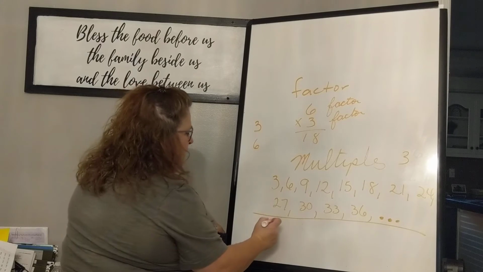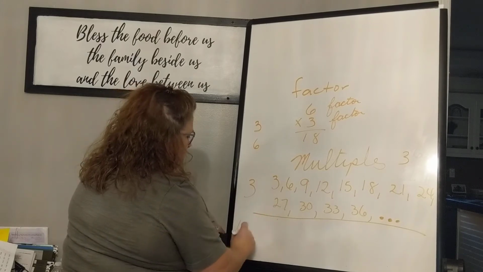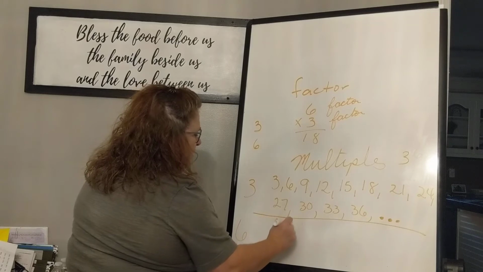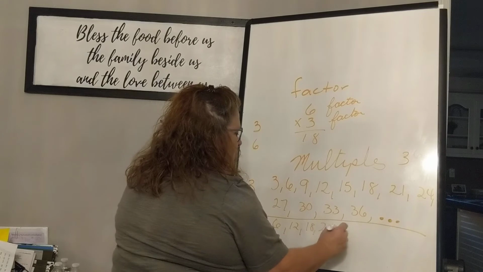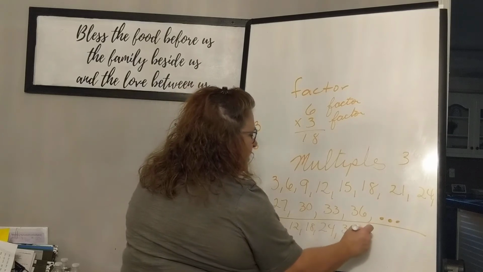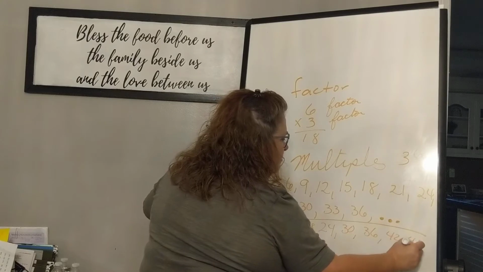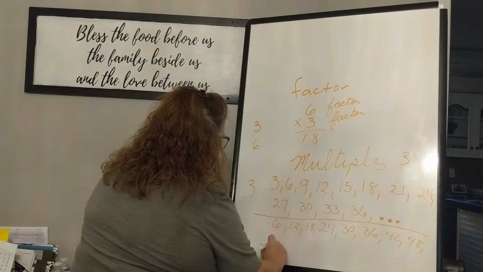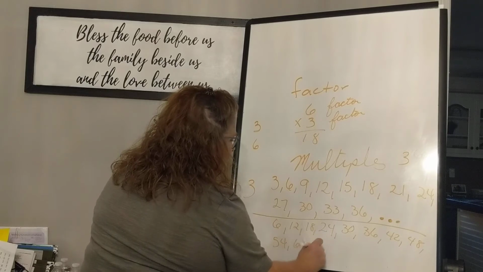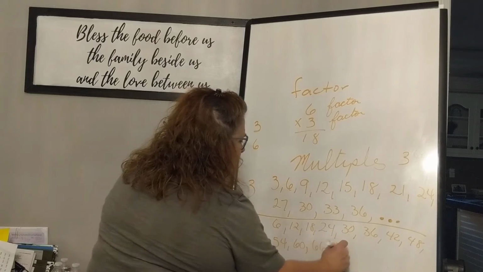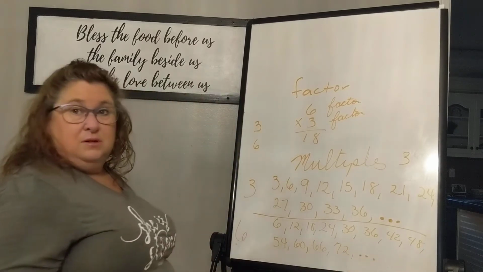I'm going to count by 6s: 6, 12, 18, 24, 30, 36, 42, 48, 54, 60, 66, 72, and dot, dot, dot, because I am done counting.